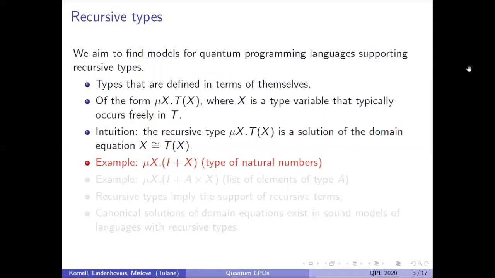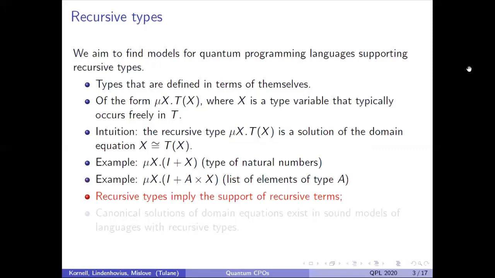As an example, the natural numbers form a recursive type, which can be denoted as mu x. 1 plus x, but also lists of elements of type A can be described as a recursive type.